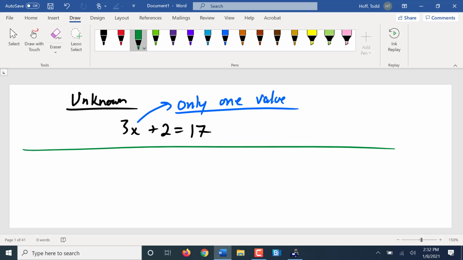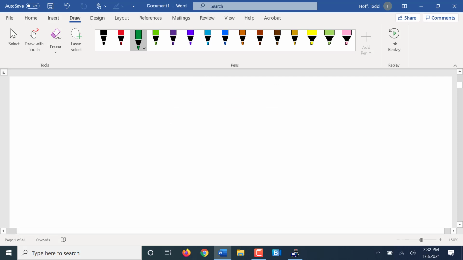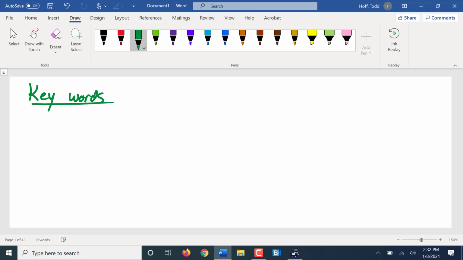So the place we want to start really with Unit 3 is looking at keywords and phrases that indicate operations or indicate how we should convert basically English into math.